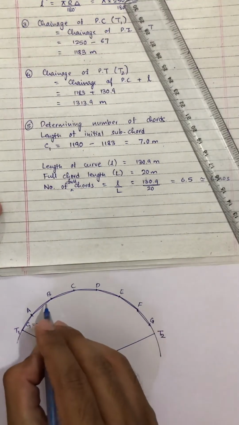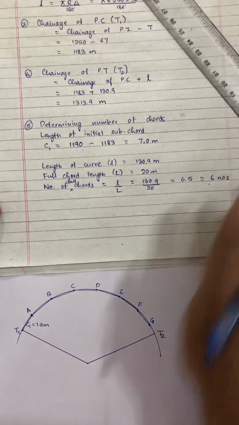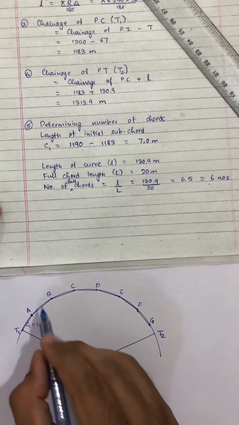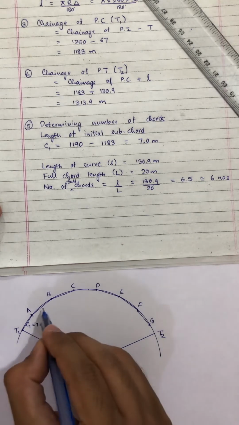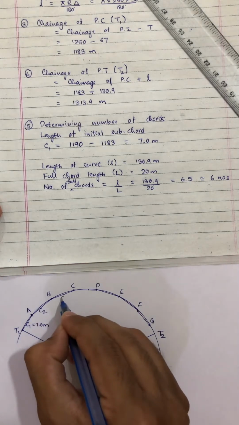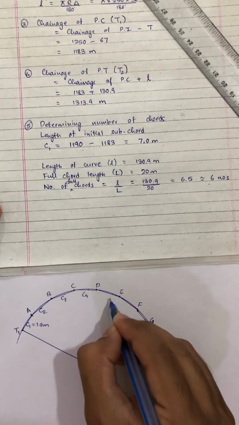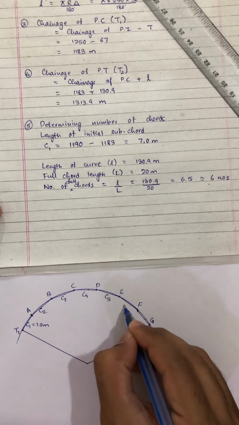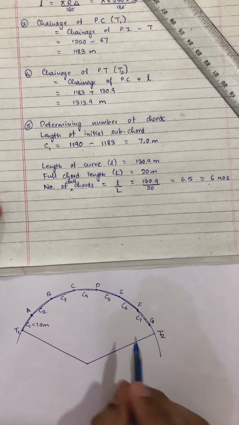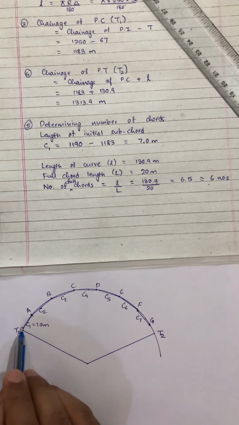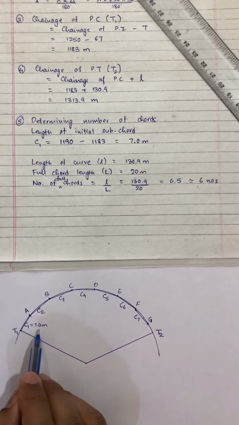Suppose these are the 6 full chords, 1, 2, 3, 4, 5, 6. Let us call them C2, C3, C4, C5, C6 and C7, because the first chord is the initial subchord and that length came out to 7 meters.